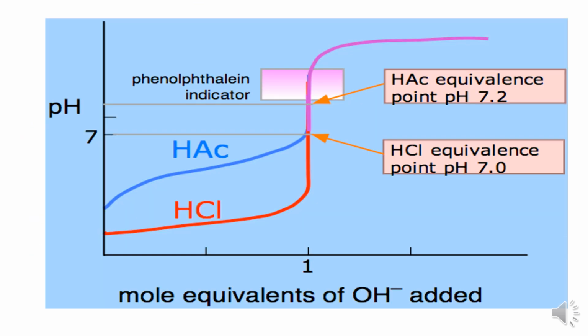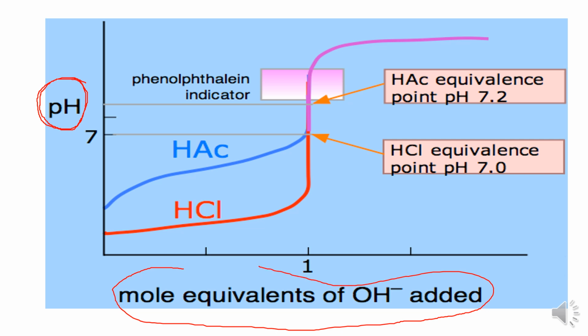This curve is known as the titration curve, right? And this curve is related to the selection of indicator. On the y-axis is the pH of the solution kept inside the conical flask, and on the x-axis is the base which is kept in the burette. So pH versus strength of base is known as the titration curve.